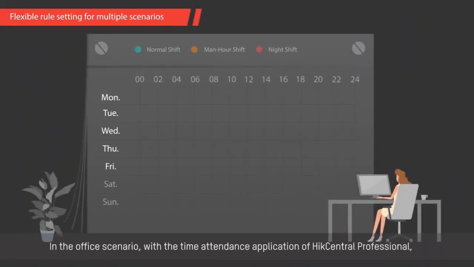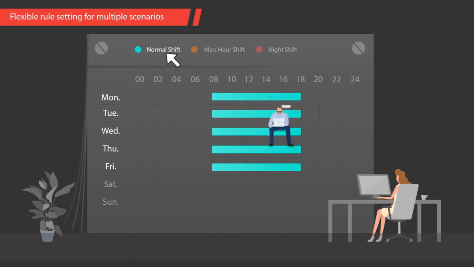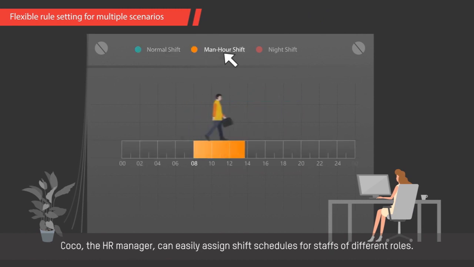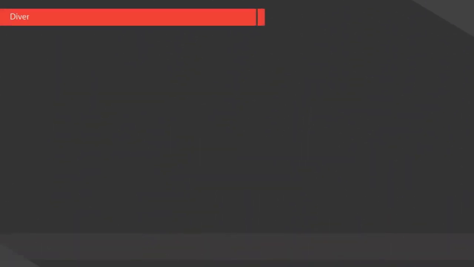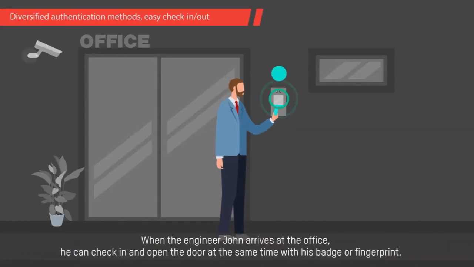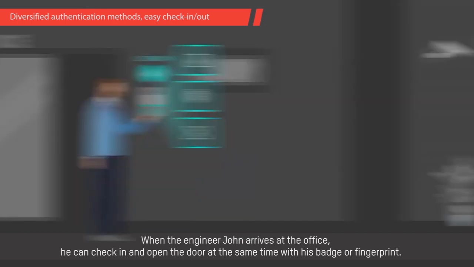In the office scenario, with the time attendance application of HikCentral Professional, Coco, the HR manager, can easily assign shift schedules for staff of different roles. When the engineer John arrives at the office, he can check in and open the door at the same time with his badge or fingerprint.